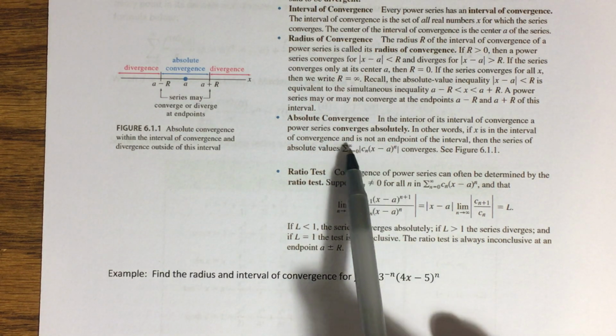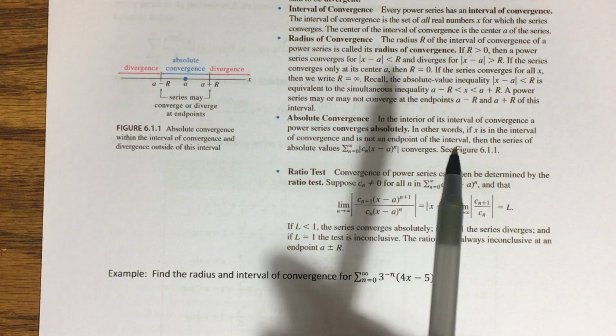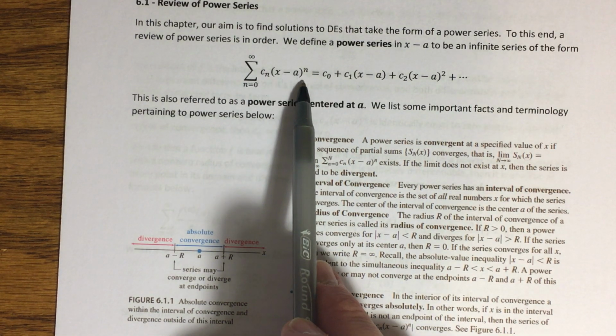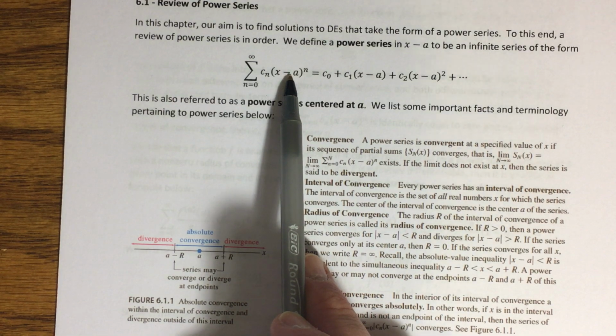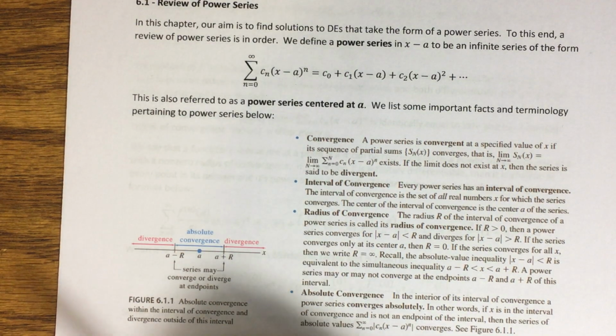We have a concept of absolute convergence, which applies to more than just power series. What absolute convergence means is that if we take our series and take the absolute value of all of its terms and then add up all of those so that all of the terms are non-negative, and that converges, then we say that the original series converges absolutely.